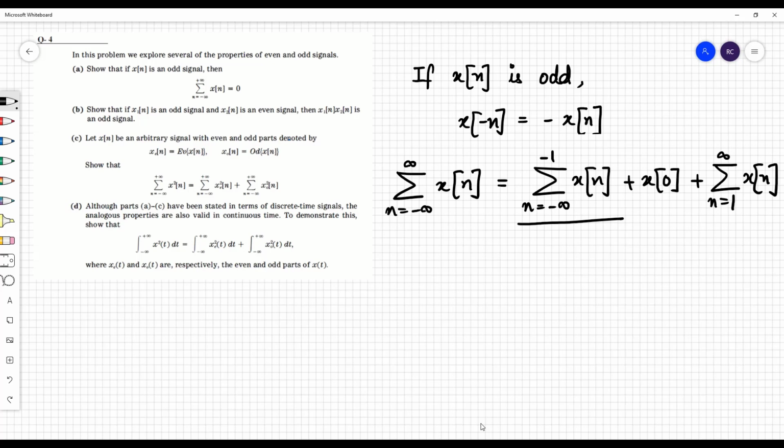This first term, if I flip the limits, can I say that this is same as saying that n equal to 1 to infinity x[-n]? Rather, what we are doing is we are saying let minus n equal to some variable m, and then we are plugging it here, right? So it's a summation from n equal to 1 to infinity x[-n] plus whatever was at 0 plus this term.